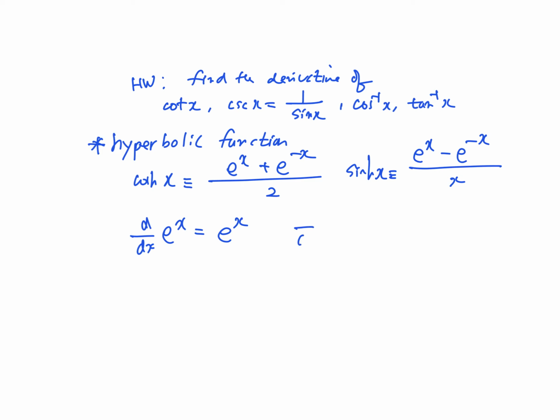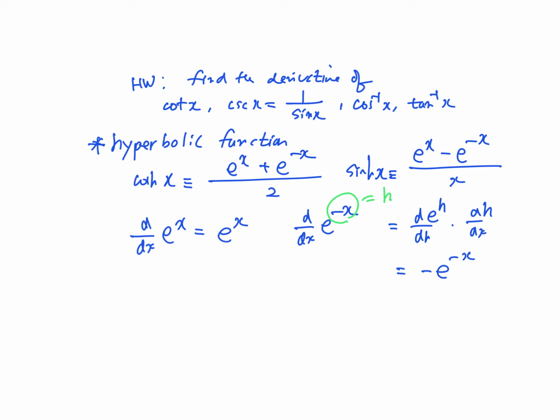How about d/dx of exponential minus x? This is basically a composite function, right? So take minus x as h. Then this is the same as d/dh of exponential h times dh/dx, which gives minus exponential minus x, right?